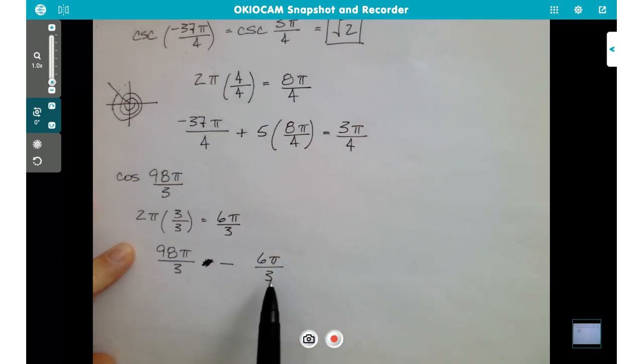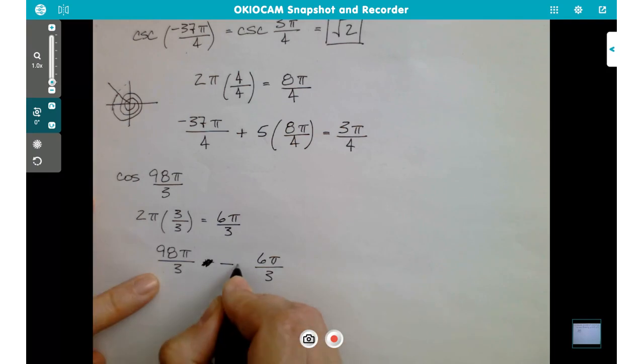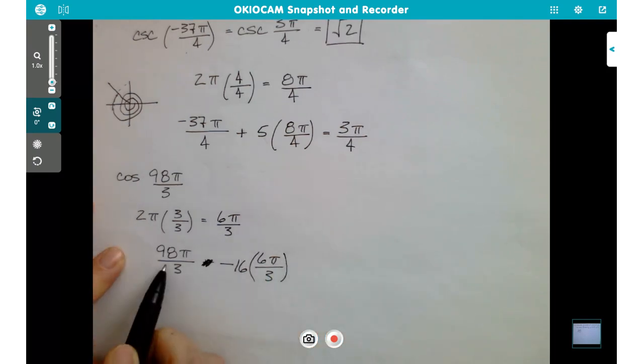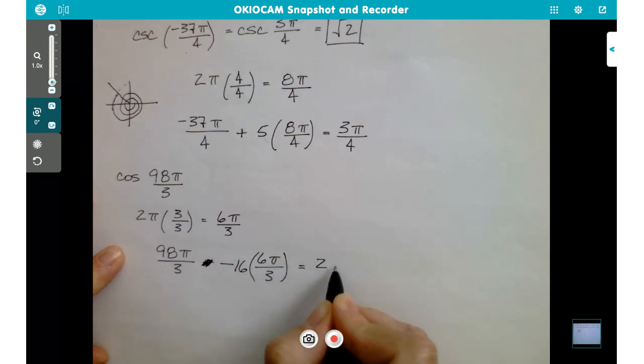You can subtract 6, I'm down to 92, subtract 6 again, and I'm down to 86. That's going to take a long time though. So I'm going to recognize that 16 times 6 is 96. 98 pi over 3 minus 96 pi over 3 is 2 pi over 3.